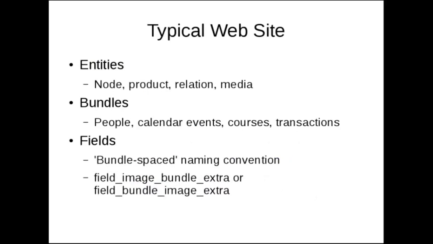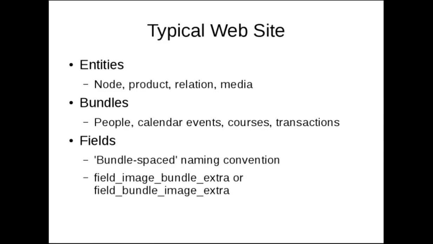So we kind of touched on some of the things. A typical website, at least what I've seen, and you guys can comment, has different kinds of entities. You can read those, and bundles, on whichever one makes sense to do. And then we typically end up with this bundle-space naming convention, kind of like what you just said with image.